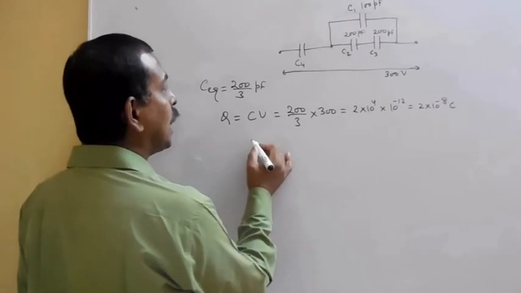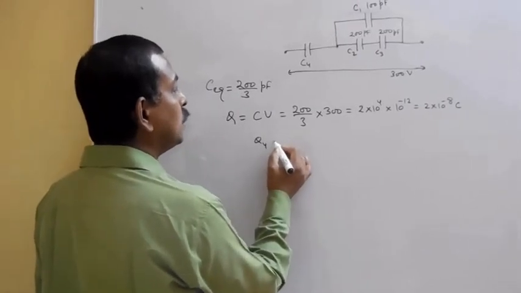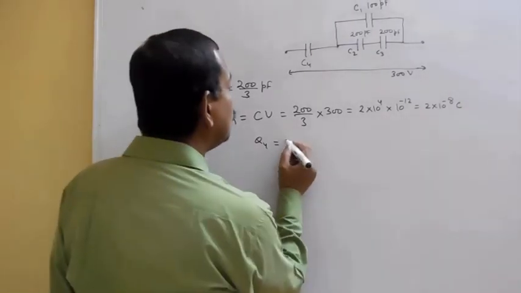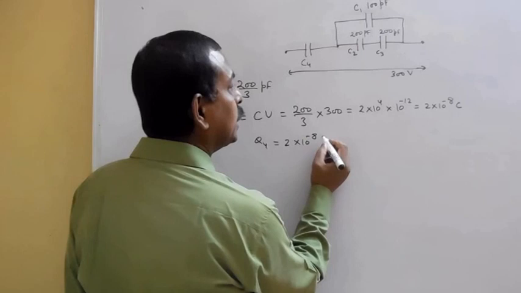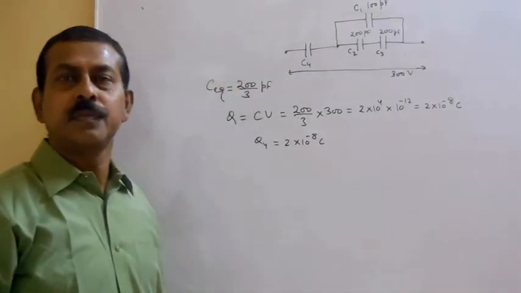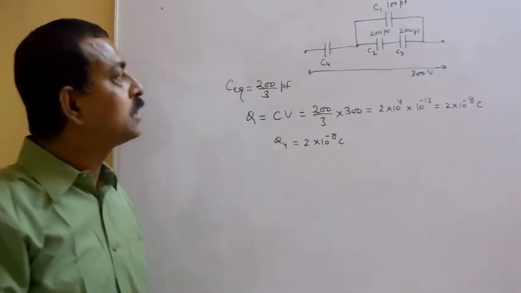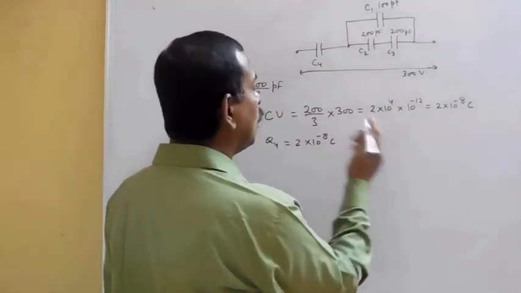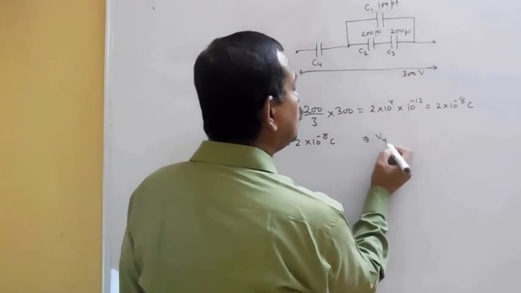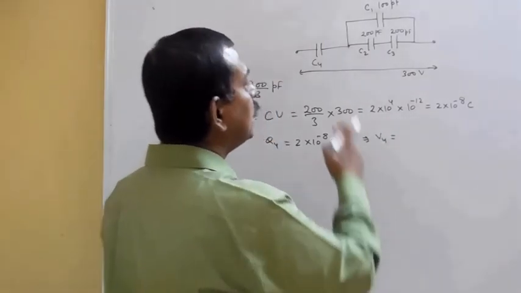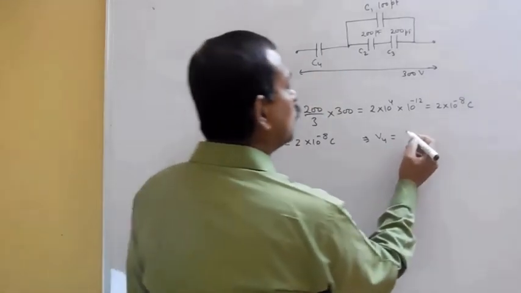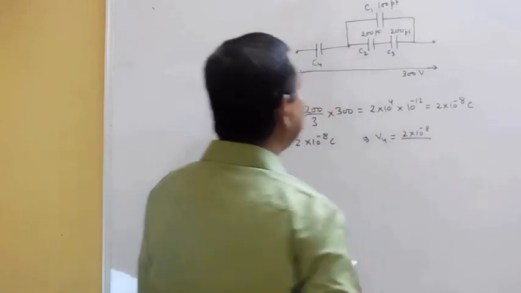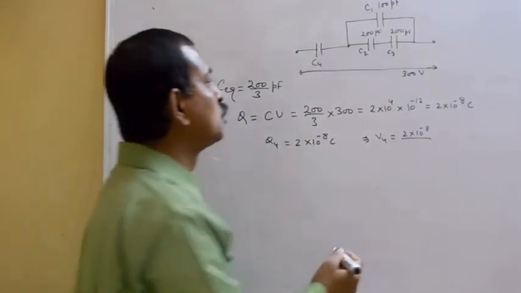If you consider the charge flowing through C4, which we represent by Q4, this will be 2 into 10 to the power minus 8 coulomb. For the potential difference V4, it is the charge flowing through this, 2 into 10 to the power minus 8, divided by its capacitance.